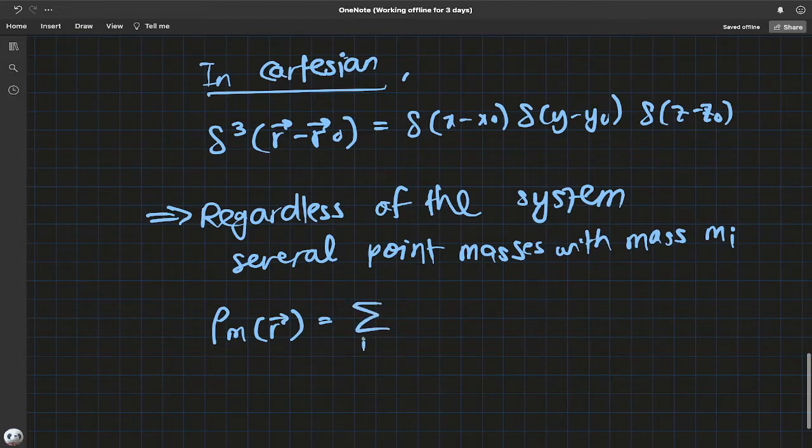It's the sum over i of m sub i, Dirac delta triplet of r minus r sub i.